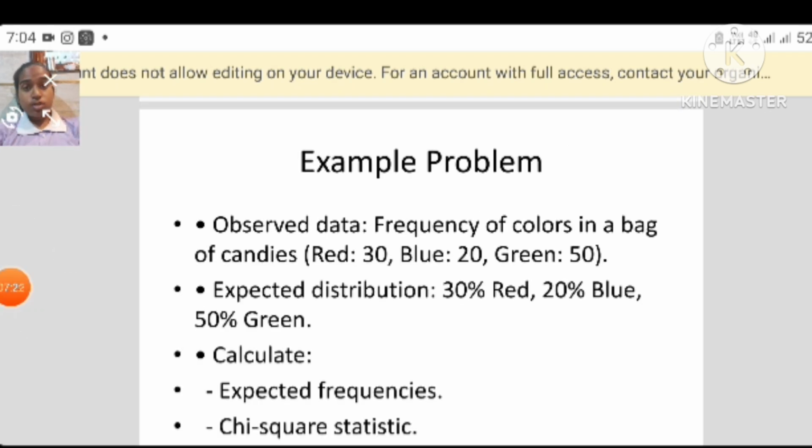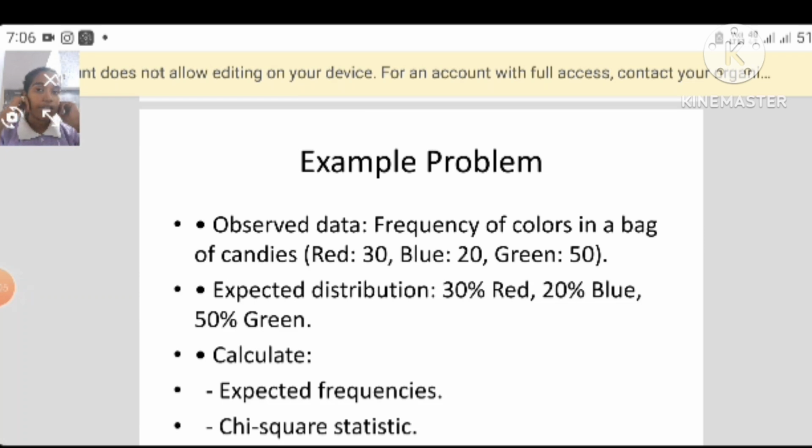Now let us understand the above topic with an example problem. The observed data is the frequency of colors in a bag of candies: red 30, blue 20 and green 50.